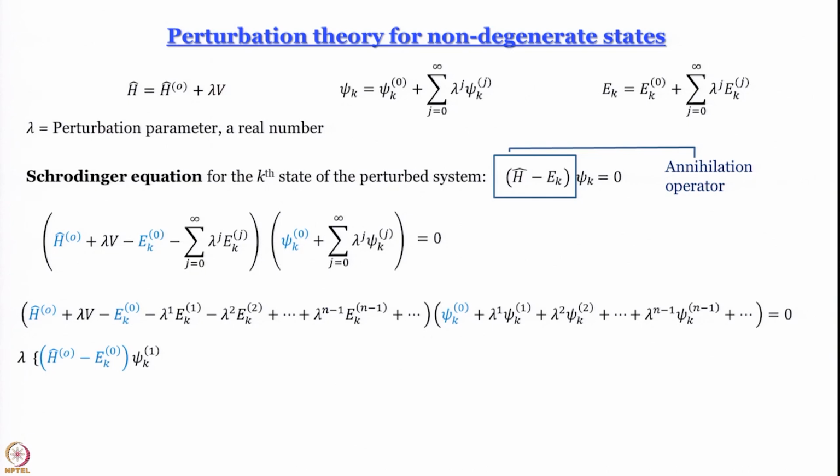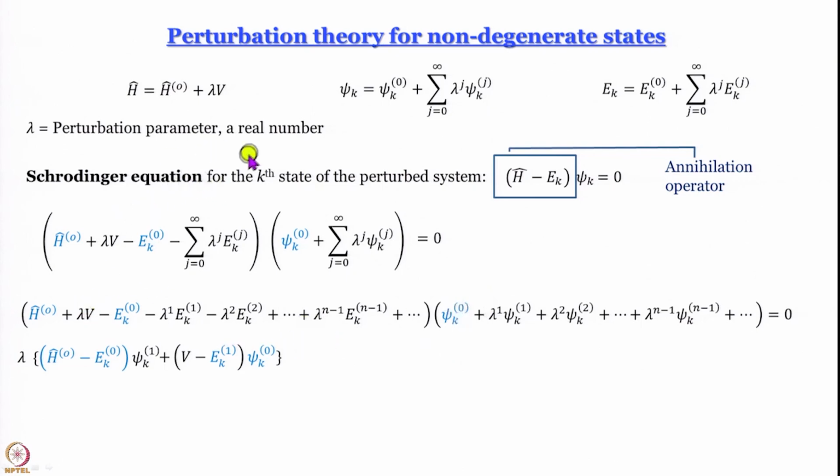Okay. But is there anything else in lambda? I have taken this, and I have written this 0th order Hamiltonian minus 0th order energy. Is there anything else that I should write? Yes. We have this 0th order wave function also, right. Psi k 0th, when that is operated on by, say, lambda v, that will also yield a lambda.